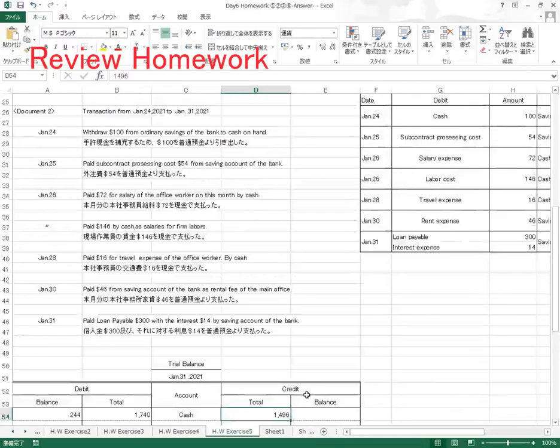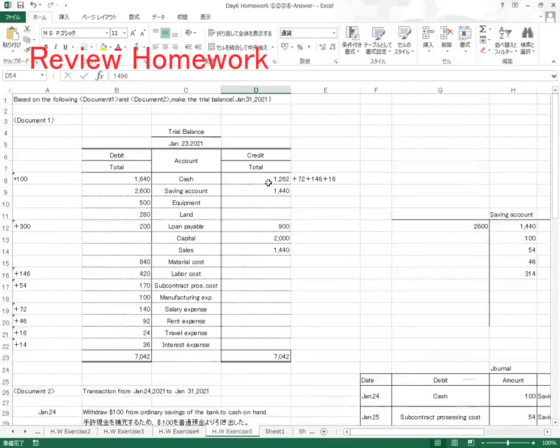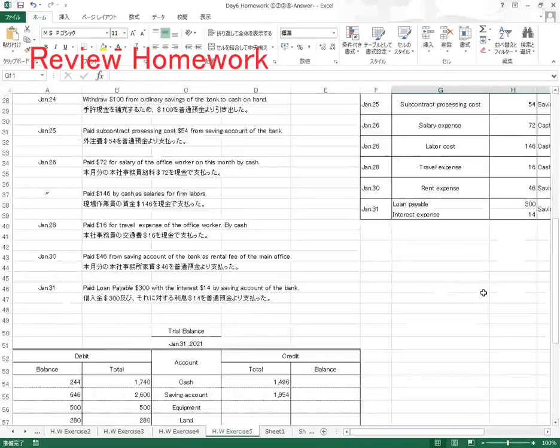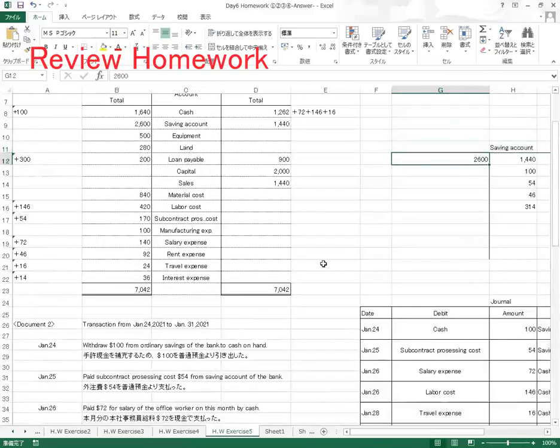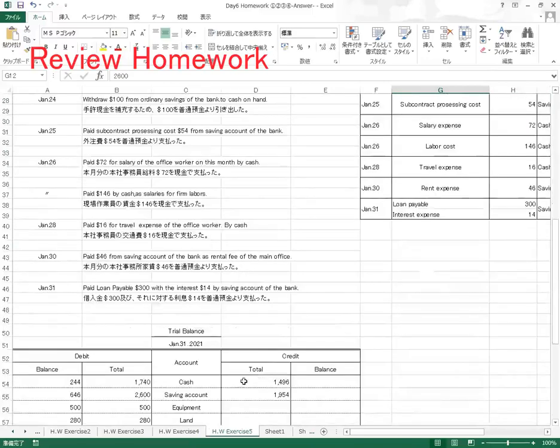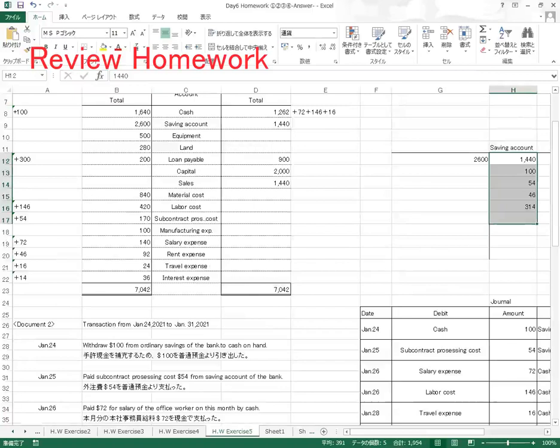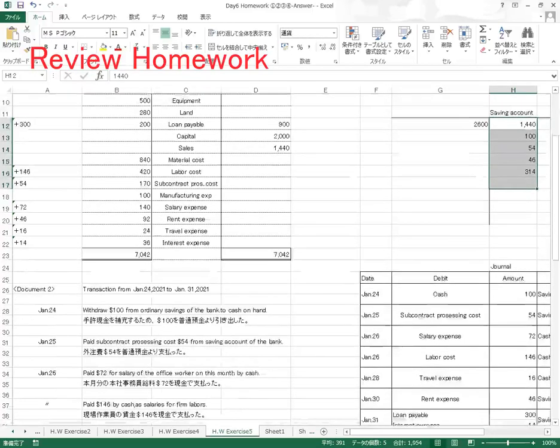So you get the trial balance till the 31st. About the saving accounts, we make the T balance, and put that here. And the credit side, we will sum up. If you omit the first line, the total balance is wrong.